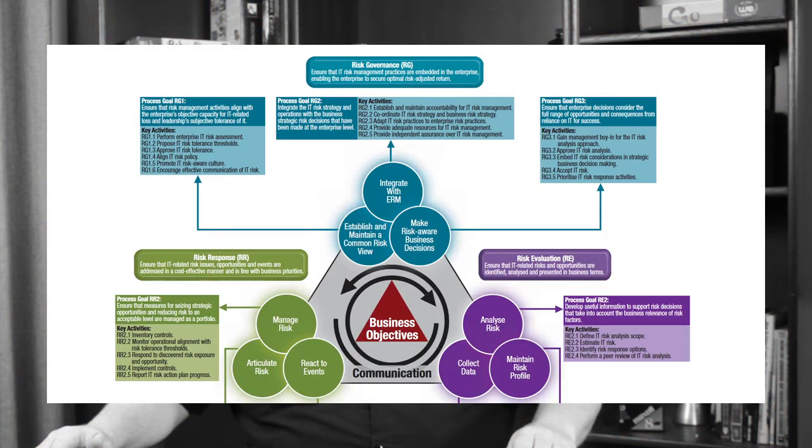Now, if we switch over to ISACA's Risk IT infrastructure, you'll see there's a bit more like a triangle, but it's still this circular process. And every time you look at one of these, you're always going to be seeing the same thing. You will see some form of assessment. You'll see some form of implementation, applying security controls. You'll see some form of monitoring where we're watching things to make sure naughty things don't happen. We have a response when naughty things do, and then we just start reassessing all over again.